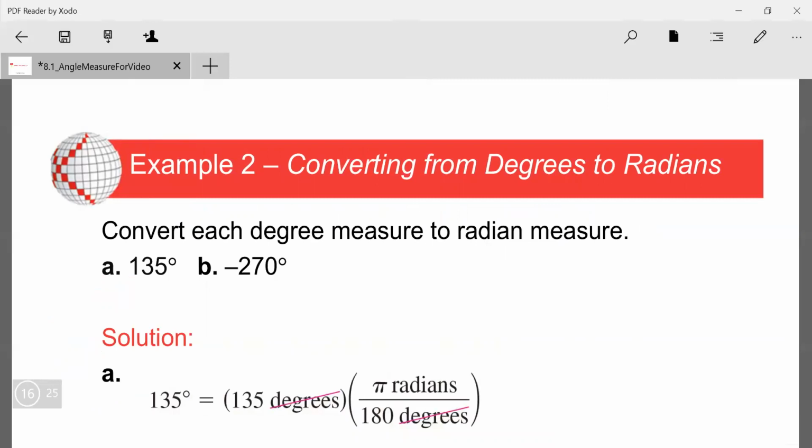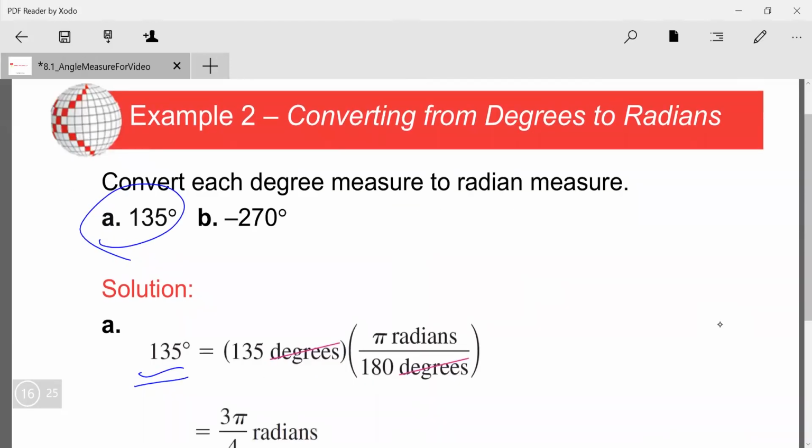We're going to just look at one example. Look at 1A. 135 degrees. I want to know how many radians are in this angle. Well, we start with the angle we're given, and since we're going to convert it to radians, we multiply by pi over 180.